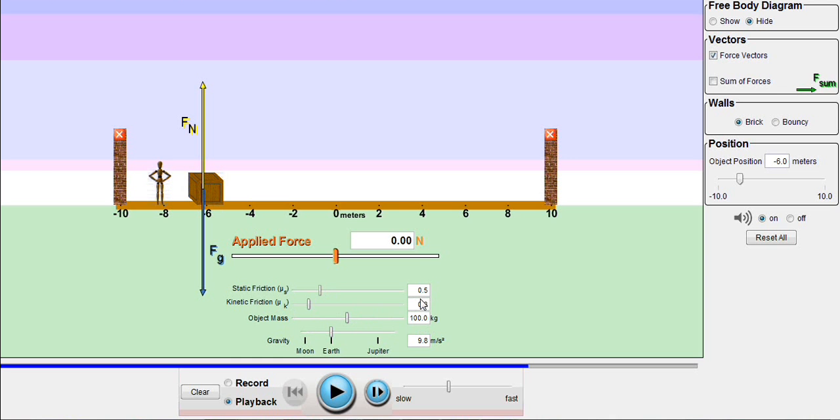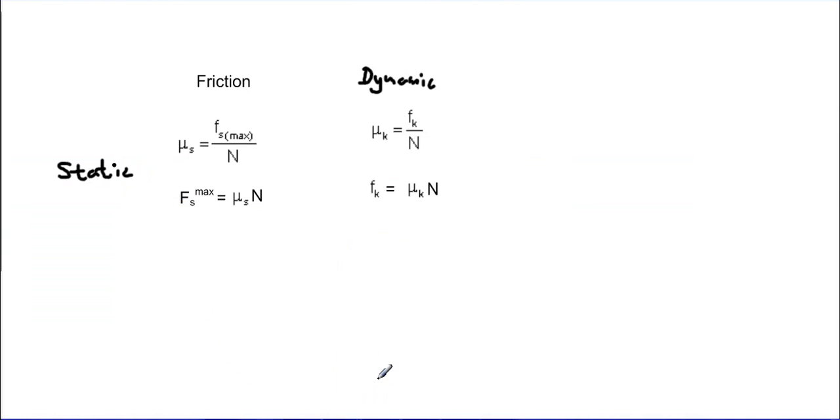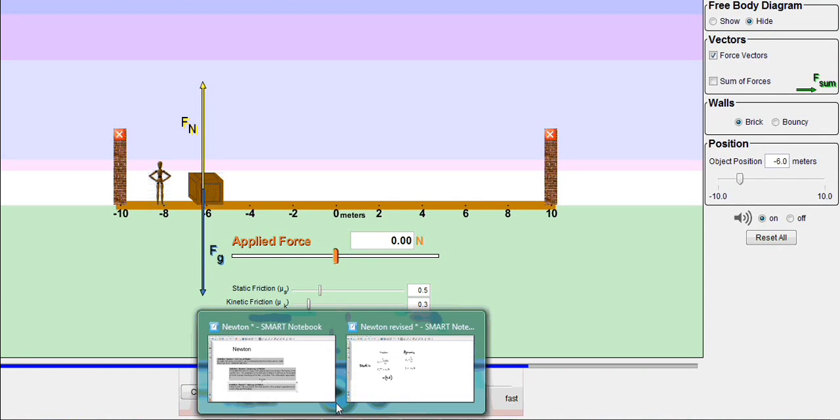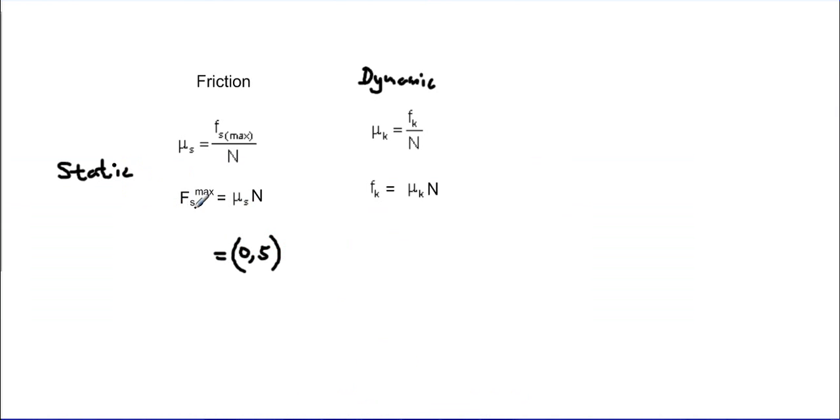Let's see what we can do with this when it comes to our sum. Looking at our diagram, we have a coefficient of friction of 0,5 and a mass of 100 kilograms. Let's see if we can work out our frictional force.